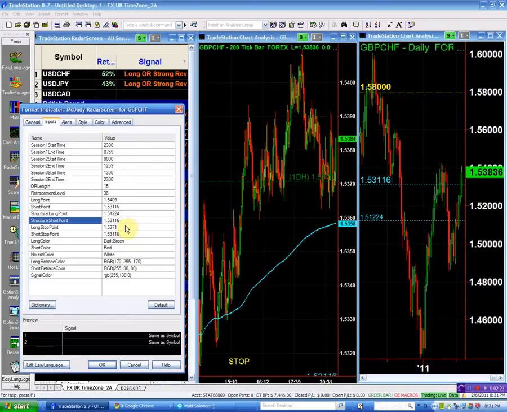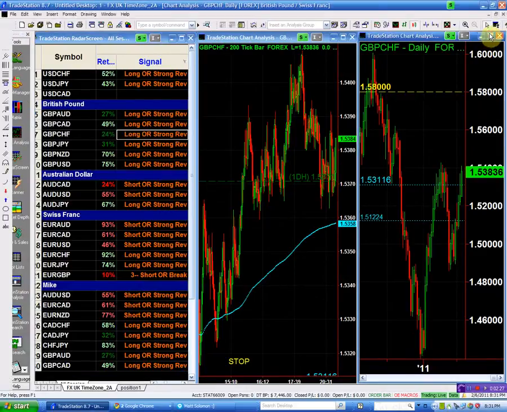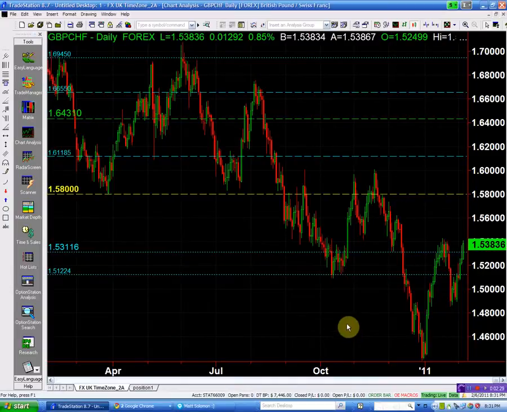Let's see what the structural long is. The next structure point, guys, we have to keep an eye on this. I want to point this out.